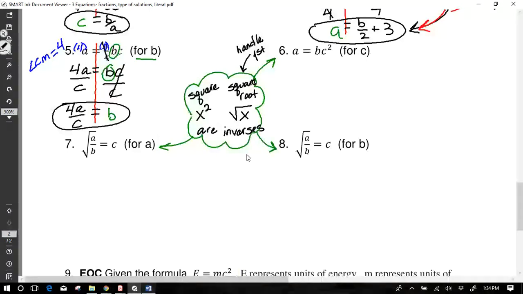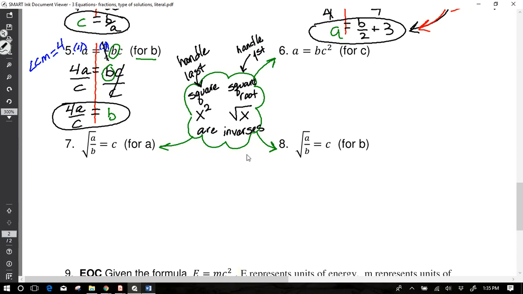Okay? So in examples 7 and 8, the very first step of solving that is going to be to square both sides. When there is a squared, if you look in example 6, I see a c squared. Typically, we will handle the squared part, we will do the inverse of the square last. So we will handle that last.